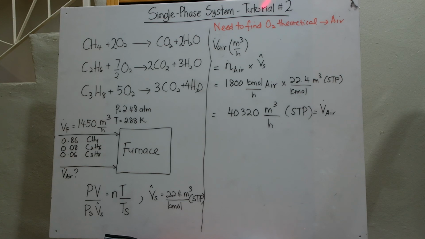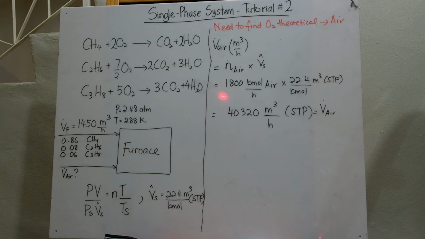So now we need to convert into meter cube per hour. This is the equation: the volumetric flow of air equals the molar flow rate of air we obtained just now times the specific molar volume at STP. We know this value is 22.4 meter cube per kmol.